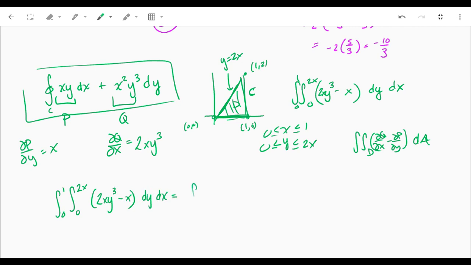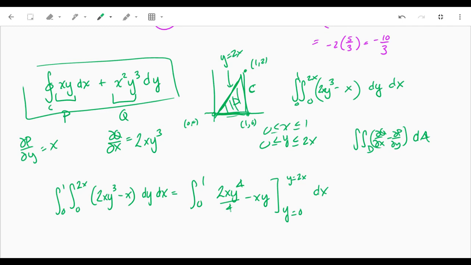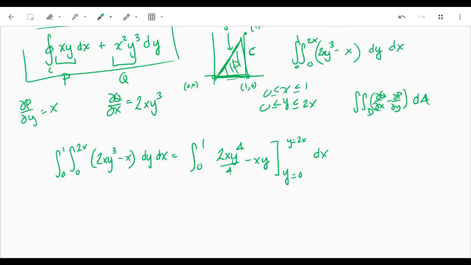So first with respect to y, I have 2xy to the 4th over 4 minus xy, from y equals 0 to y equals 2x. I'm going to simplify that 2/4 to be 1/2.